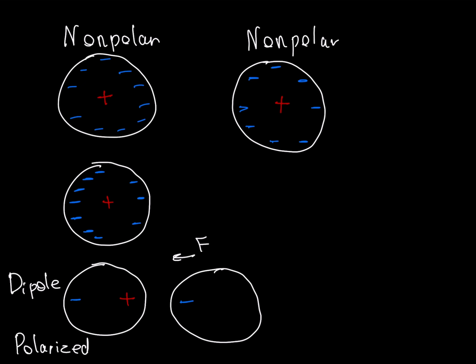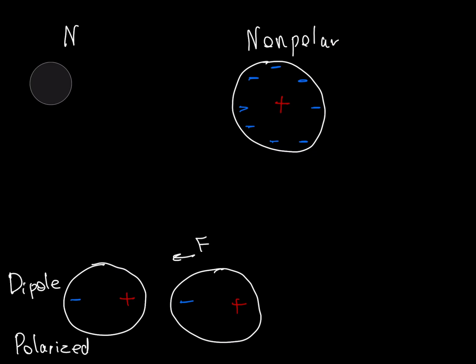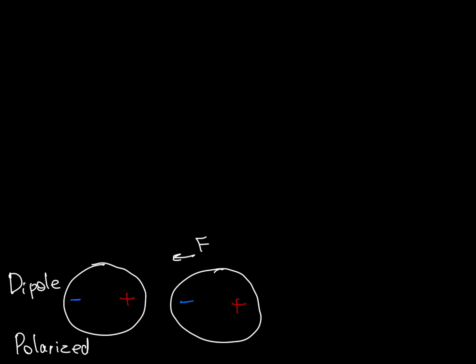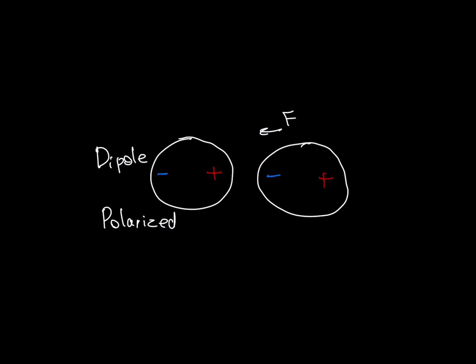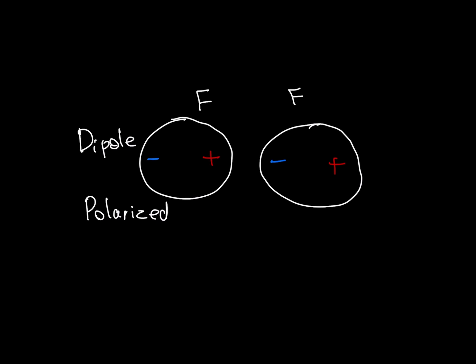The electrons will move to the left, and now you have two polarized atoms. And so for this temporary moment, these two atoms are going to feel a force toward one another.